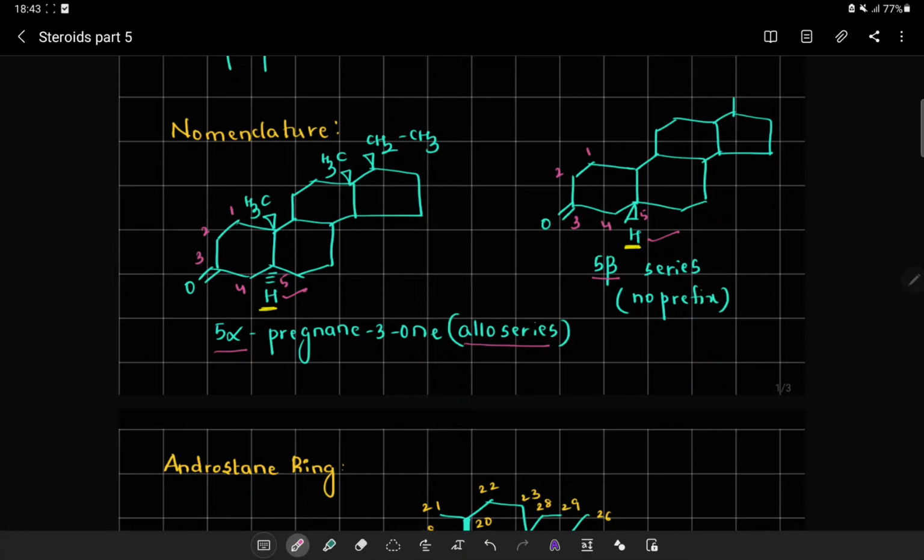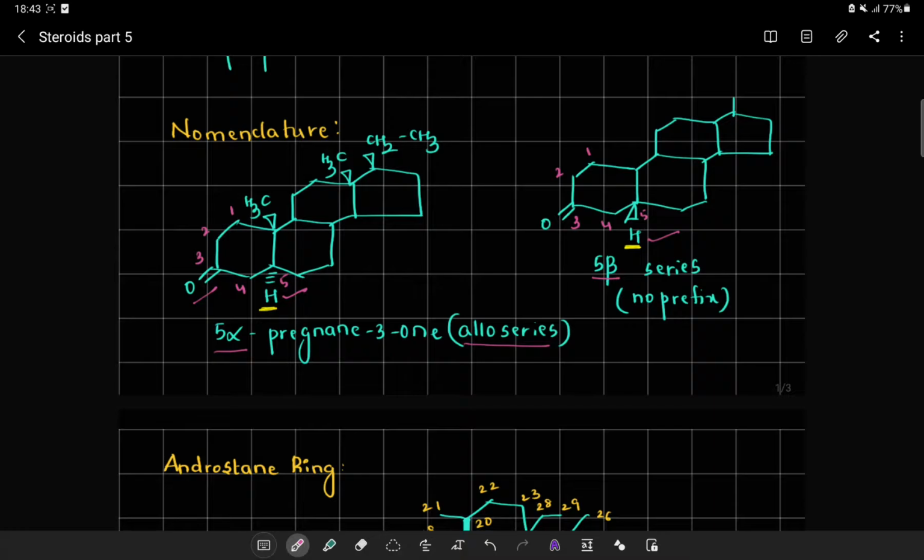Now, for example, 5-alpha pregnane 3-one. That means at position number 3 there is a carbonyl carbon and at position number 5 it is 5-alpha. The proton is below the plane. Whereas this second compound, the system where the proton is above the plane, we can say is simply a normal type of steroidal system.